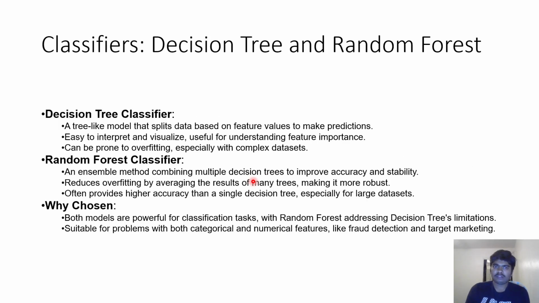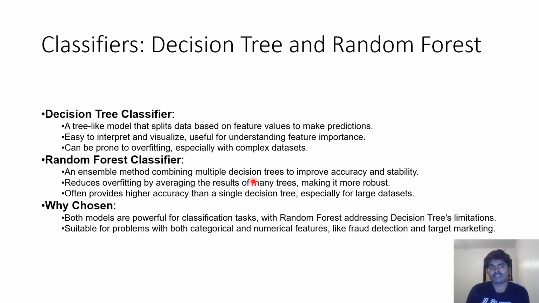If we talk about the classifiers, here I used the decision tree and the random forest. A decision tree is used mostly for visualization, and classification can also be done, because with it we can easily find the importance of the features and visualize complex data sets.